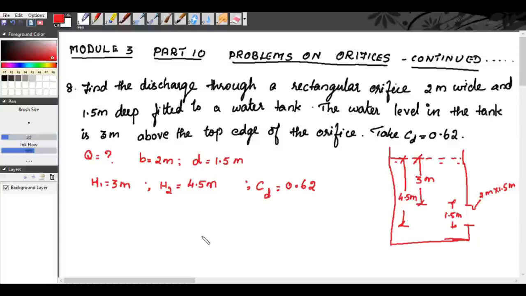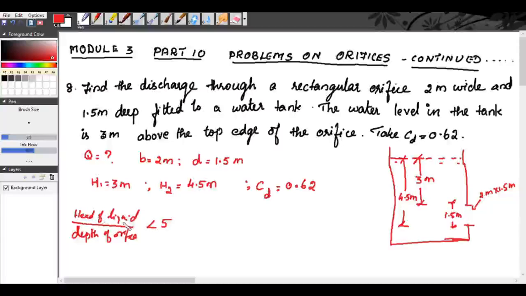Now, what is the condition for large orifices? The condition is the head of the liquid divided by the depth of the orifice. If it is a large orifice, this should be less than 5.